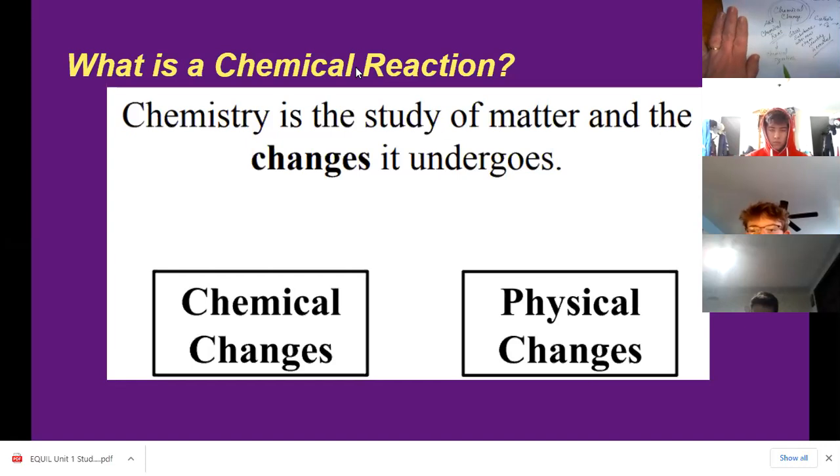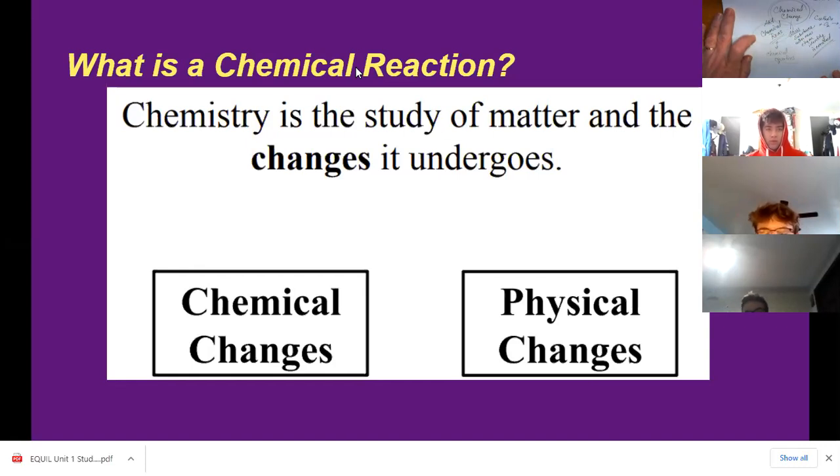We'll often use these synonymously. Like I may say balance the chemical reaction, but I'm talking about the chemical equation. These are often used synonymously because this is how you symbolically represent a chemical reaction.